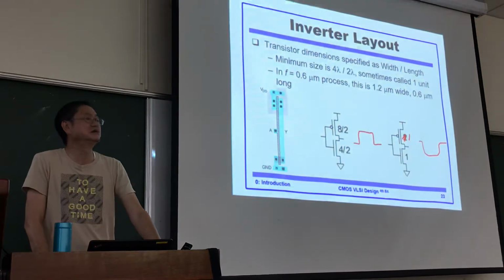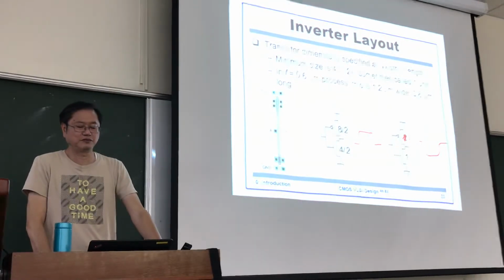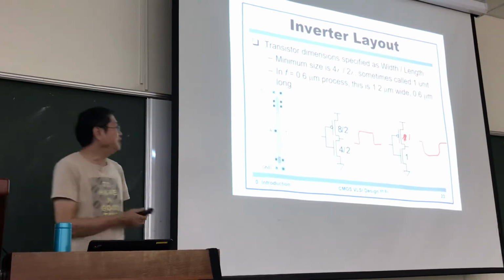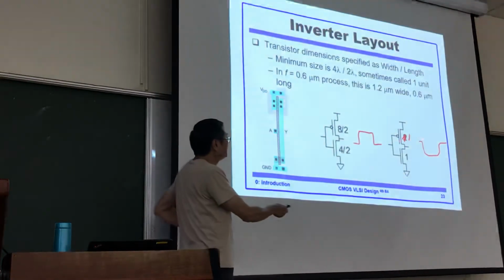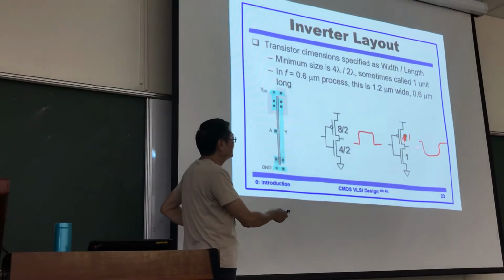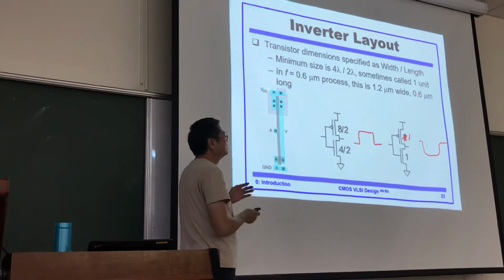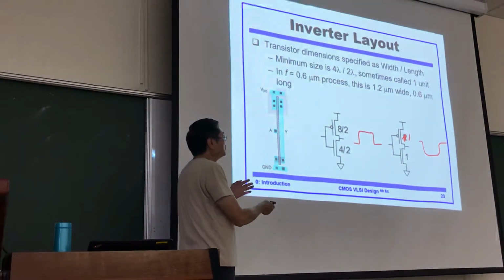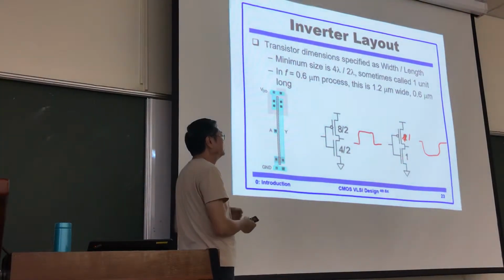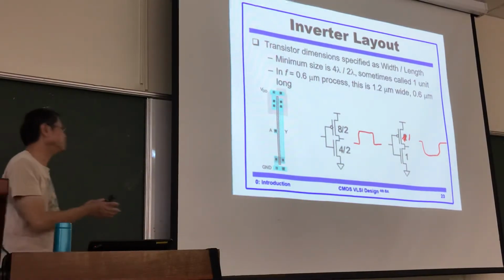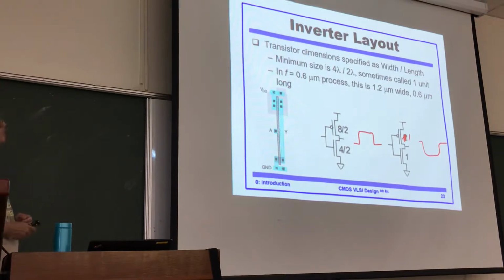Inverter. Just reverse it, right? When the input is low, the output is high. When the input is high, it's low. Input is low, it's high. That's inverter. But because of the transistor, PMOS transistor, NMOS transistor, the circuit speed is different because of the mobility of electron versus hole.